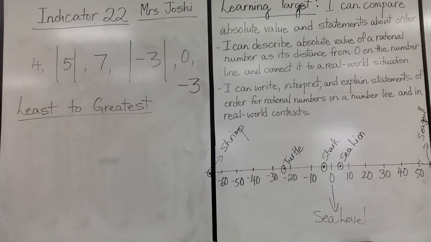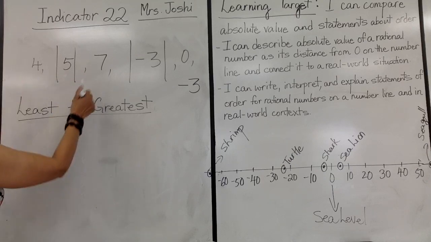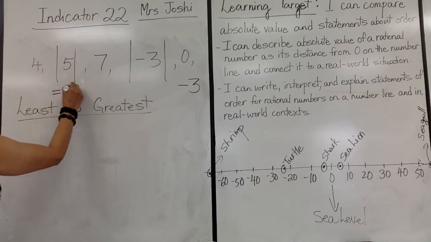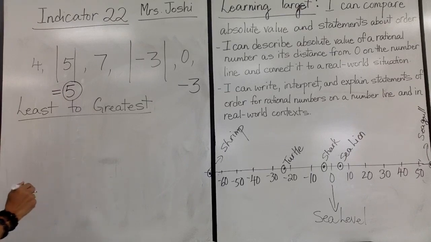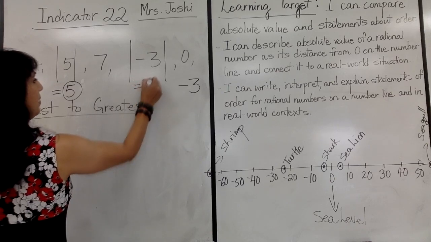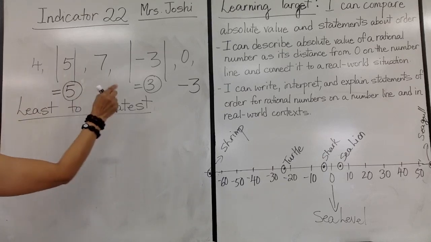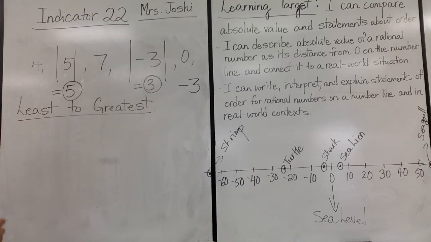So now, first step, make sure that you solve the absolute values. So if I look at the absolute value of 5, what do I get? I get 5. Okay. Then I look at the absolute value of -3. That's the distance of -3 from 0. So this is going to be 3. Okay. So now here are my numbers. I have 4, 5, 7, 3, 0, -3.